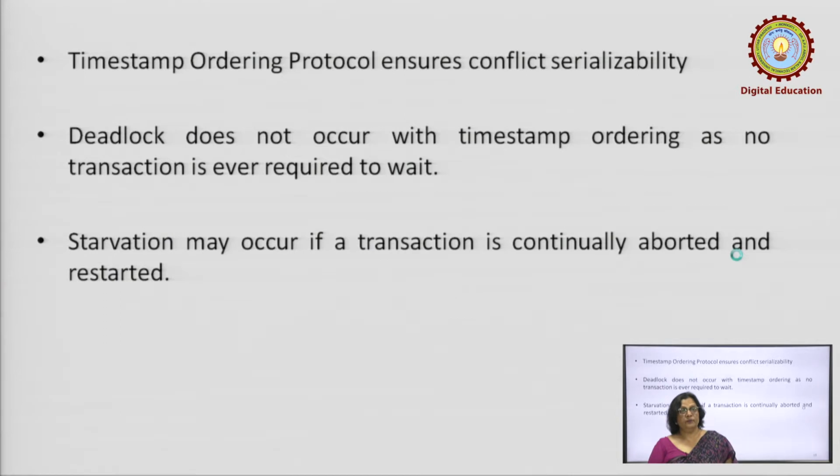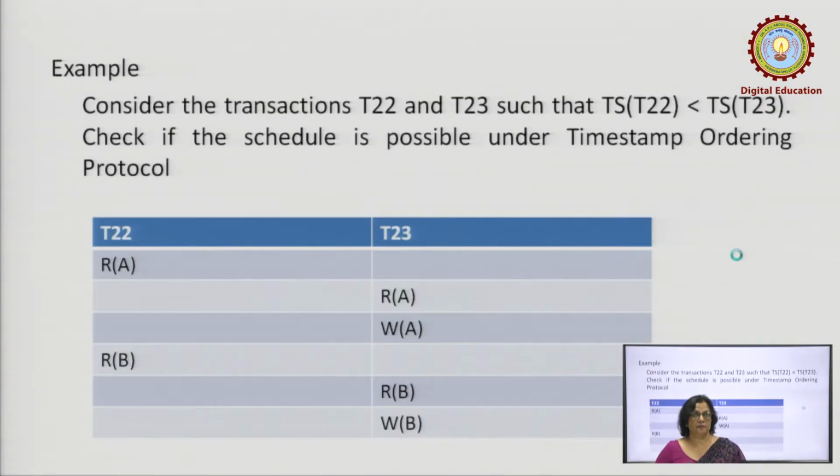The timestamp ordering protocol ensures conflict serializability. Deadlocks will not occur under the TSO protocol because a transaction is never required to wait. Transactions, if there is a conflict, are rolled back, but starvation may occur if a transaction is continuously aborted and restarted again and again. That is, it does not get a chance to execute.